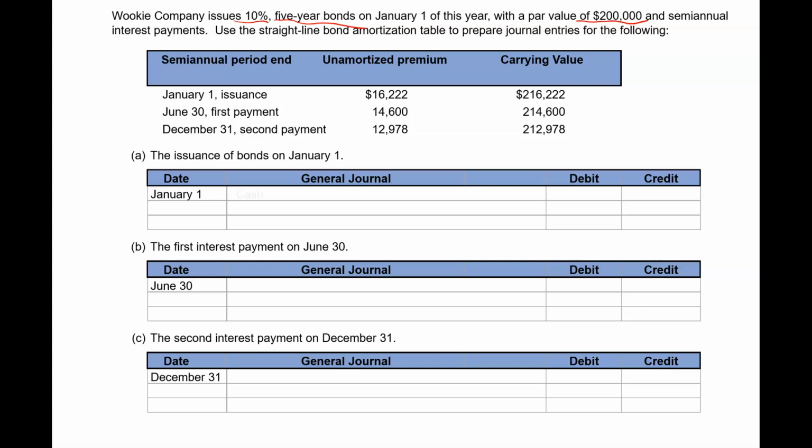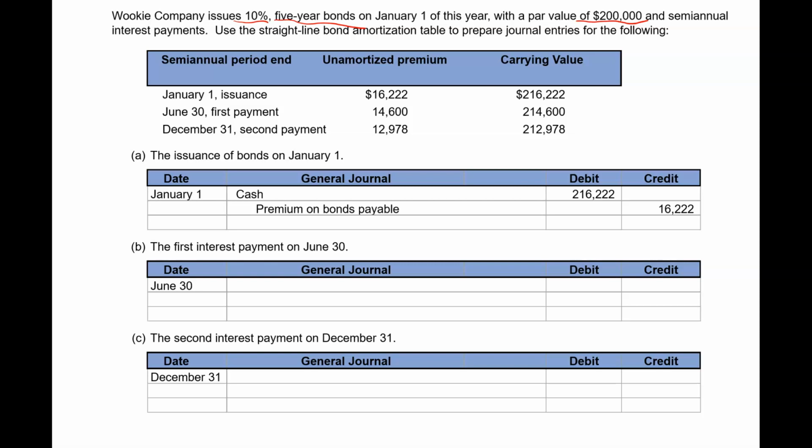Okay, let's look at the journal entry to record the issuance. The carrying value is $216,222. So that is what they sold it for. So they sold it at a premium.